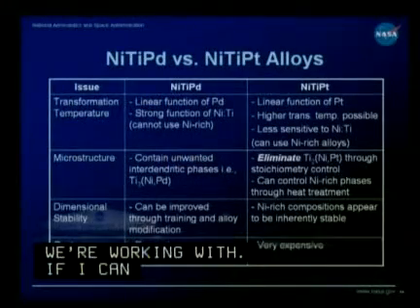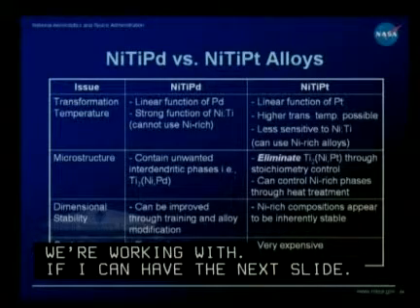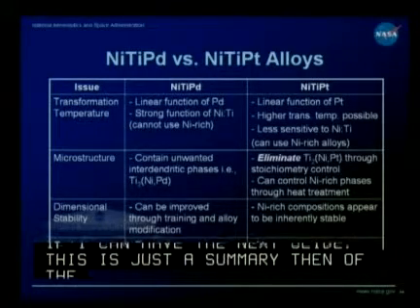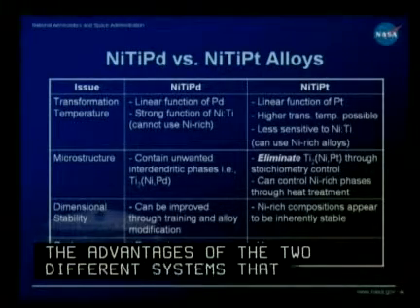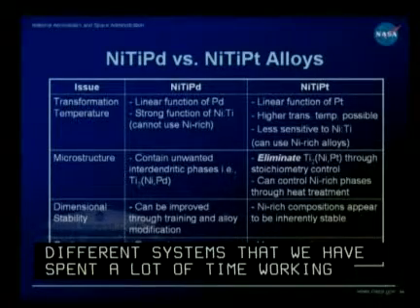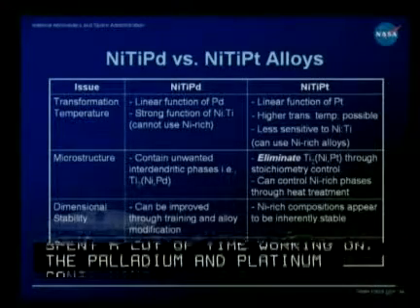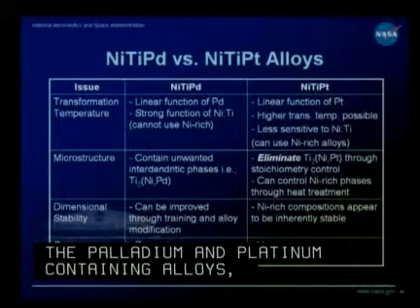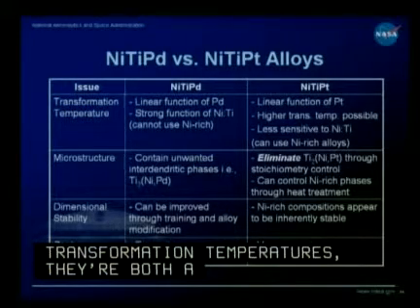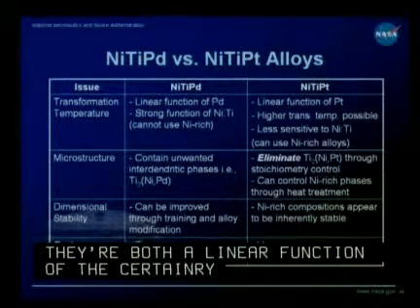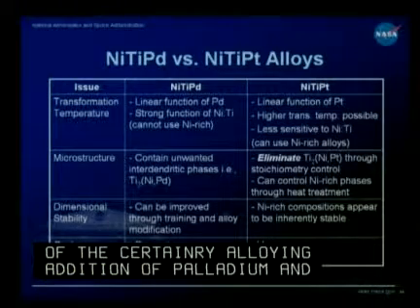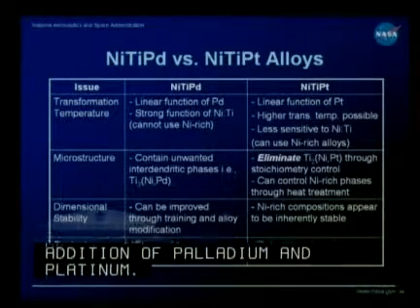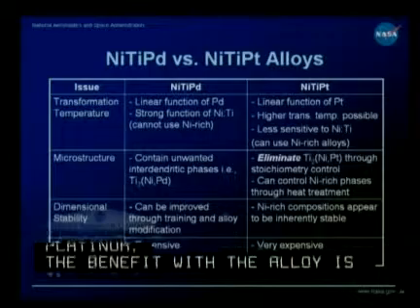If I can have the next slide. This is just a summary of the advantages of the two different systems that we've spent a lot of time working on, the palladium and the platinum containing alloys. Transformation temperatures are both a linear function of the ternary alloying addition, the palladium and platinum. However, the benefit with the nickel titanium platinum alloy is that we can work in these materials nickel rich. We don't have the stoichiometry limitation.